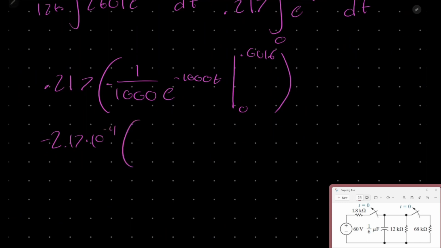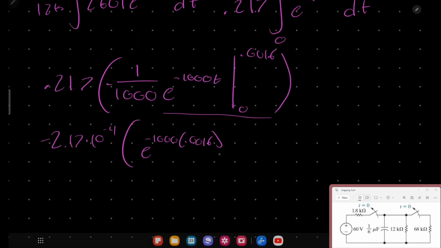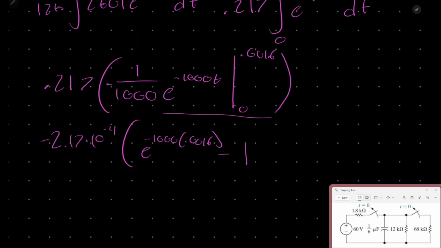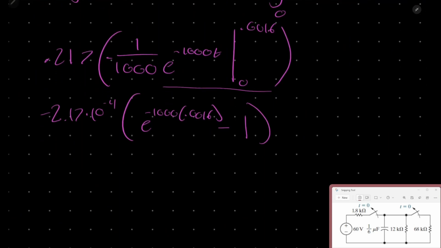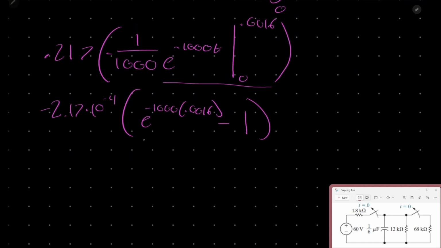And then we will do this part right here. So we will have e to the power of negative 1000 times 0.0016 minus 1, because e to the power of 0 is 1. And now we will just multiply this through to find our energy.